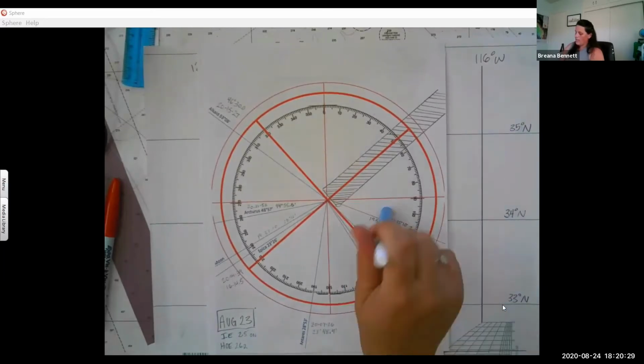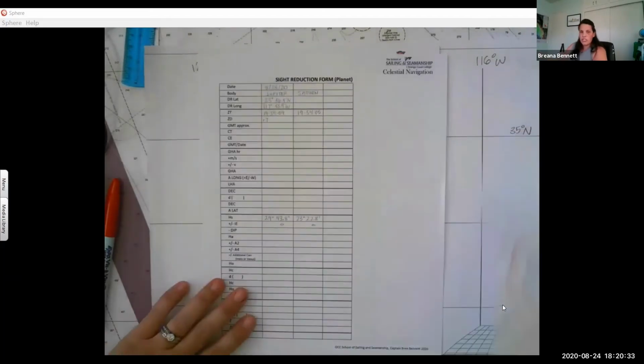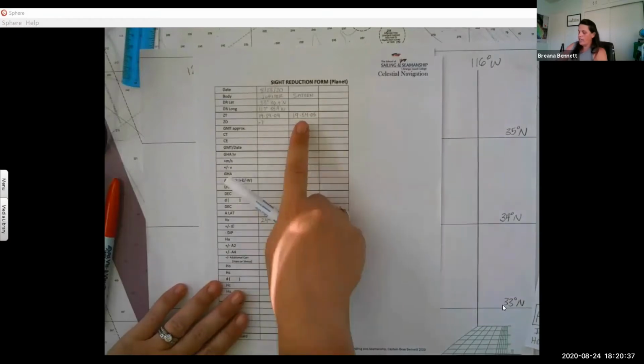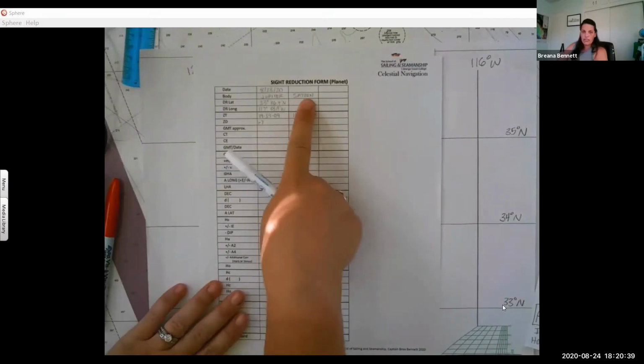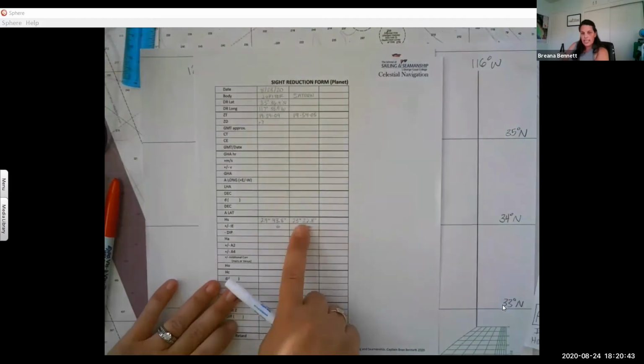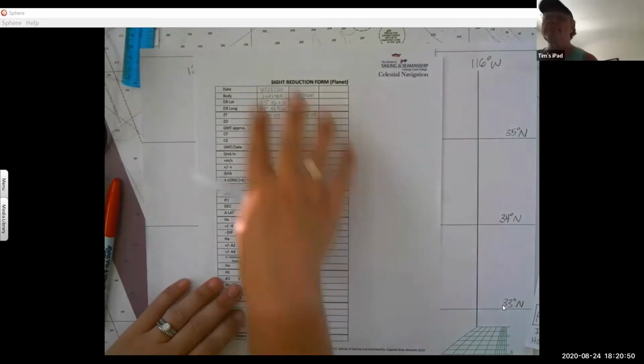With this, I already put it into a sight reduction form, just the information: the object, Saturn, time, and the HS, the sextant altitude with my index error. That's all I've done.